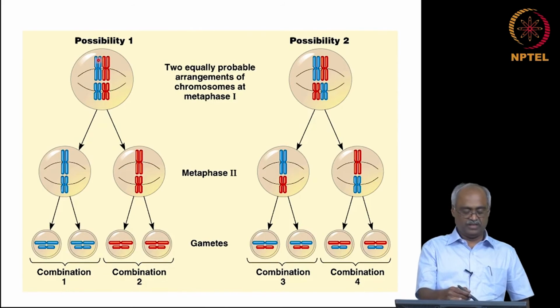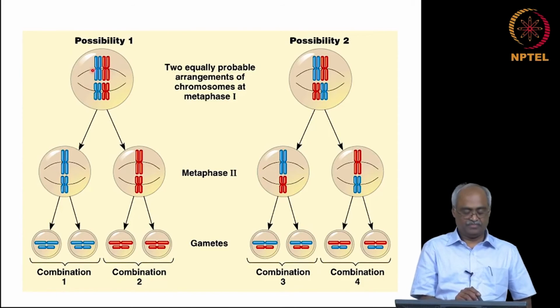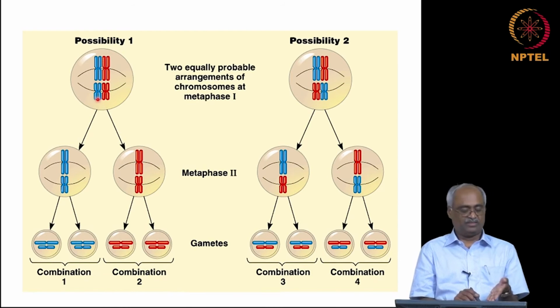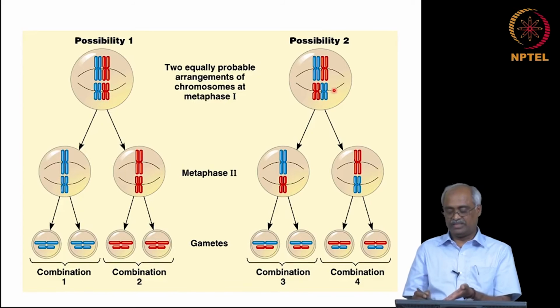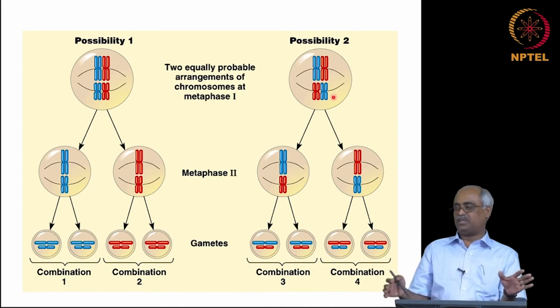Now in metaphase they could be like this, purely randomly, for both the chromosomes the maternal copy was on the right side and the paternal copy was on the left side, or it could be this way. For one of them it was on the left side and for the other one it was on the right side, purely by random. There are no selections here.